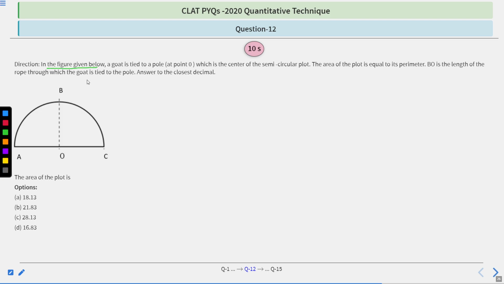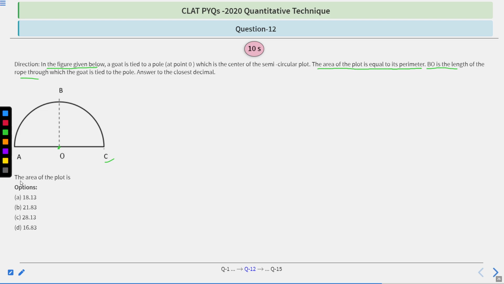In the figure given below, the semicircle is given to you, with center at this point O. The area of the plot is equal to its perimeter. BO is the length of the rope, which is the radius of this semicircle.